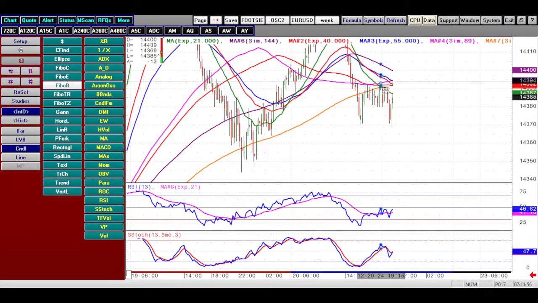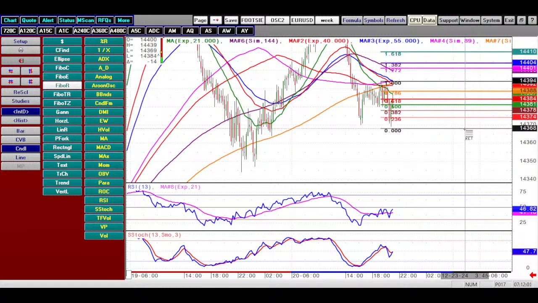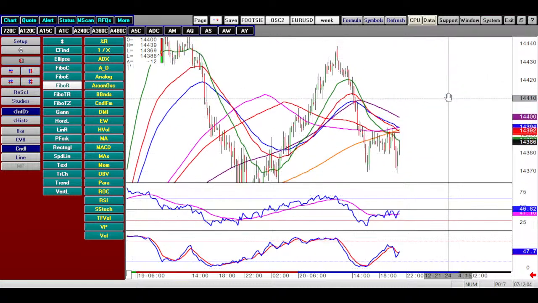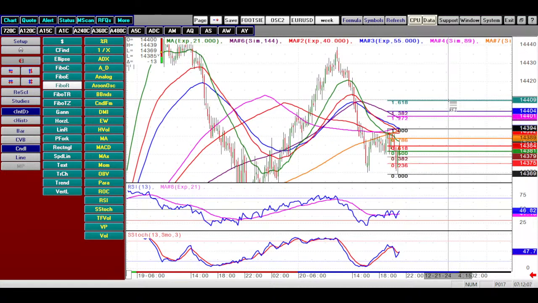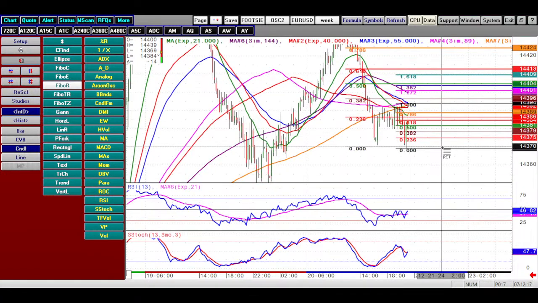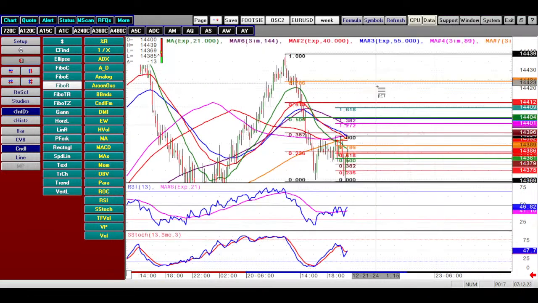Then we may get a spike up, and the levels we are looking for are 144.10, maximum 144.25.